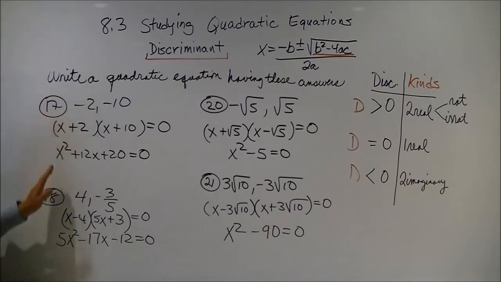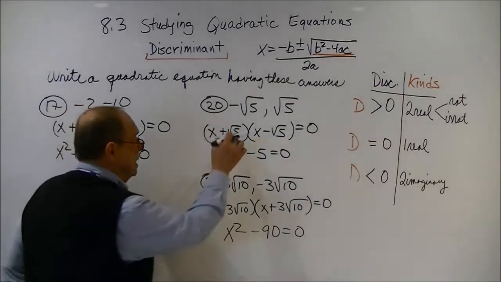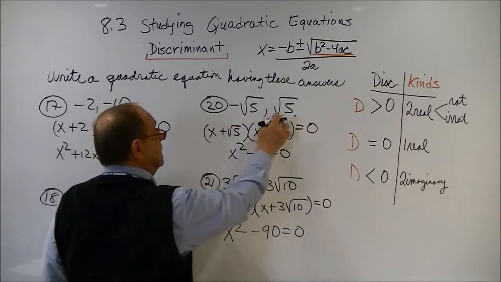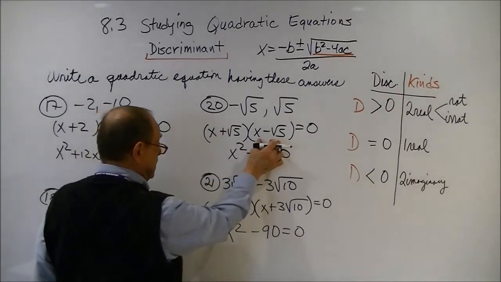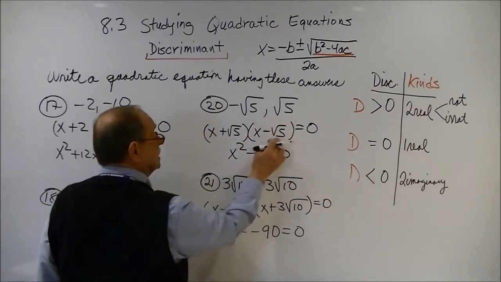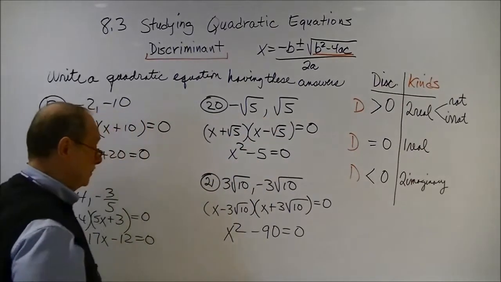Now they're asking us to go the other way, because what's happening here is sort of interesting. Here the answers are a negative square root of 5, a positive square root of 5. So again, we're putting in our parentheses. X plus the square root of 5, x minus the square root of 5. These are actually conjugates.